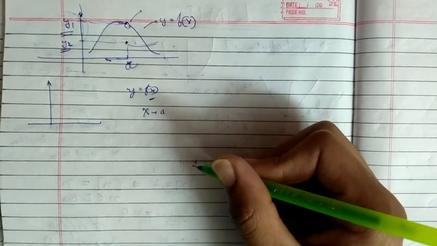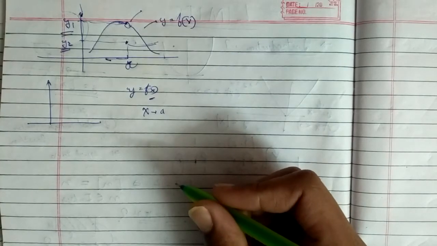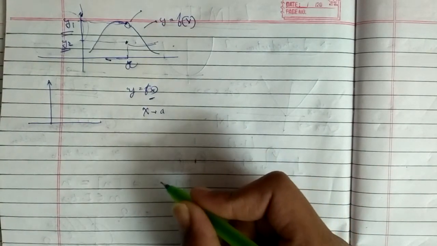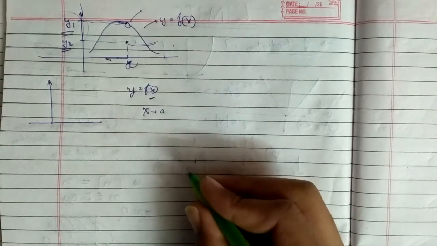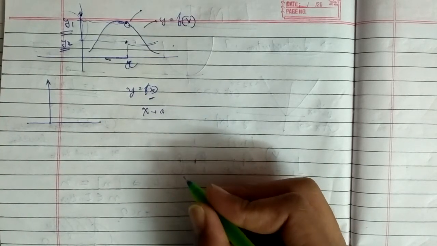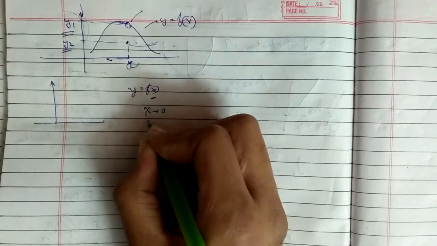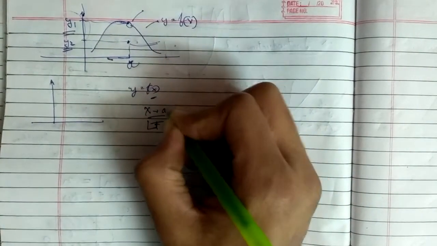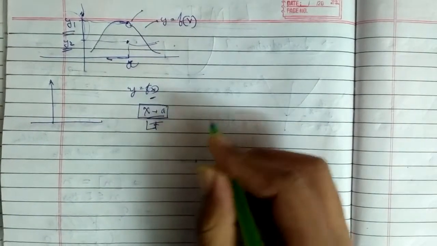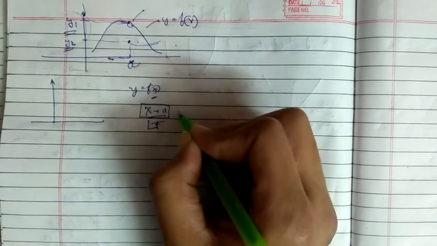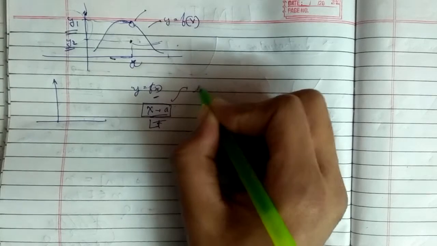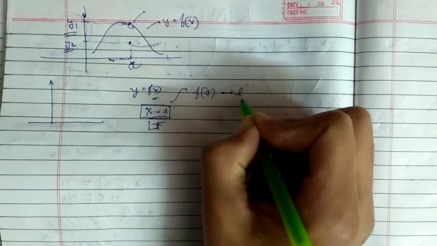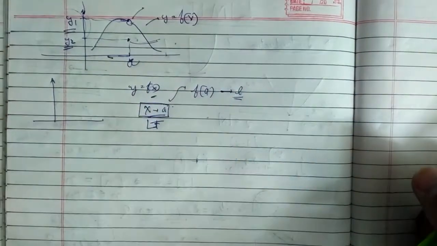To describe such a situation, we say that x tends to a, or approaches a, if there is a number L such that as x approaches a, the value of the function f of x will also approach a certain value L.